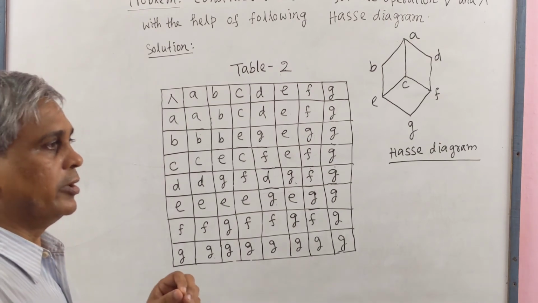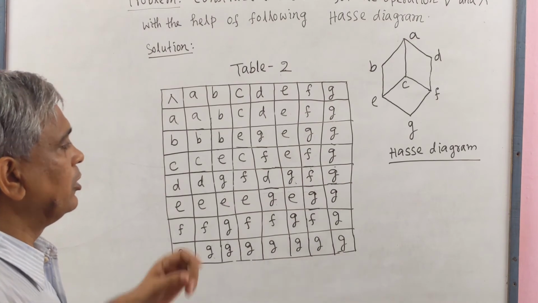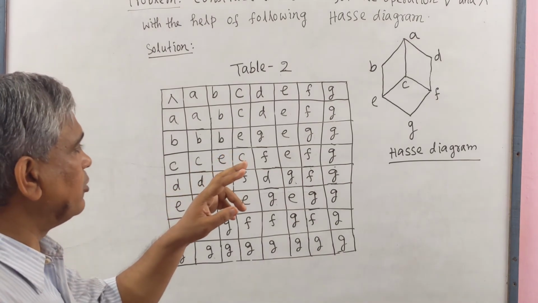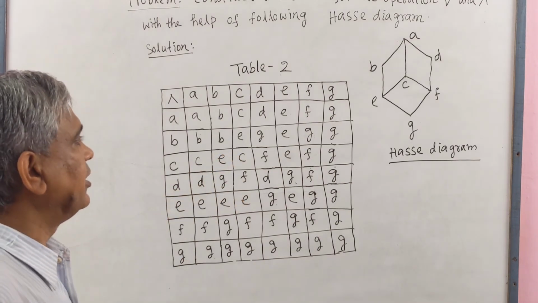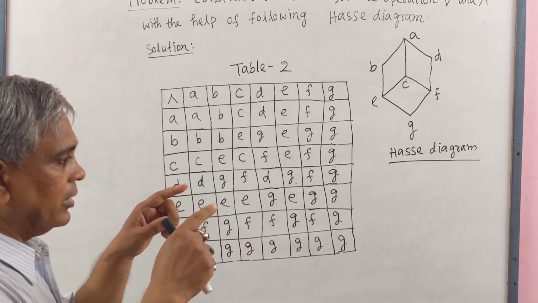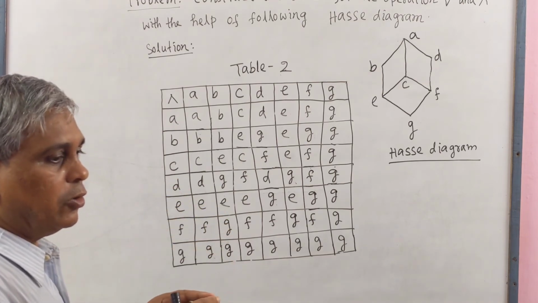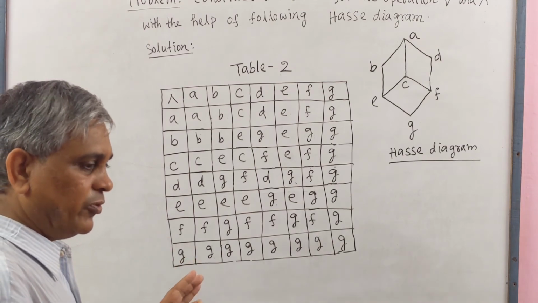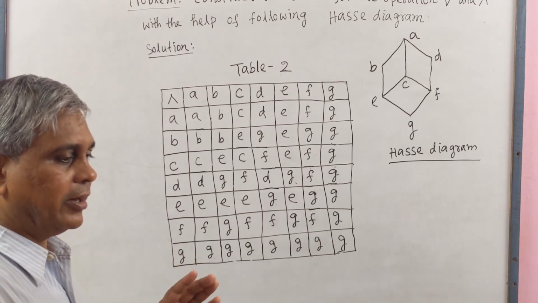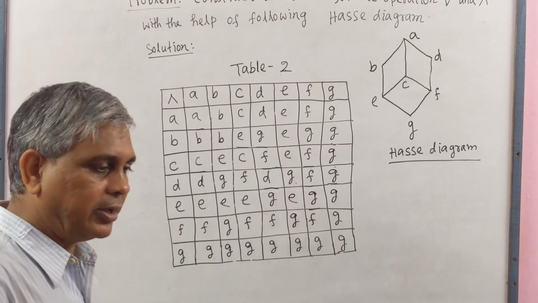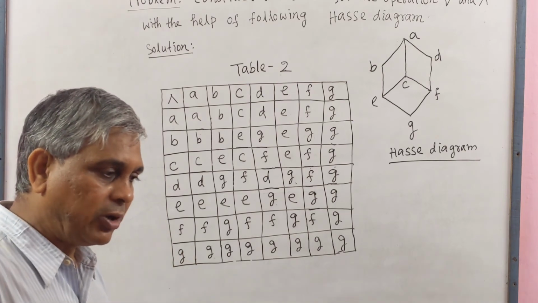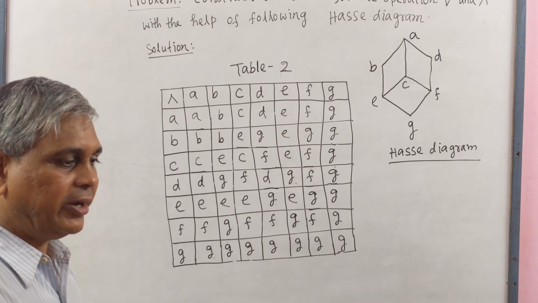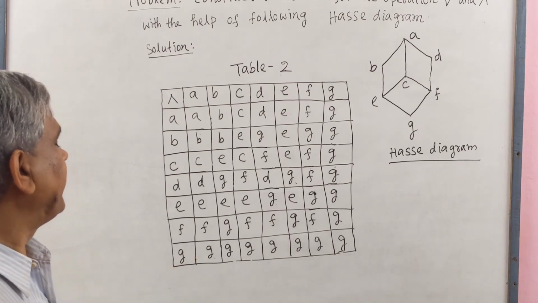So in the Hasse diagram, if we take two elements, then we find the immediate lower level, and in the immediate lower level the element is the infimum.